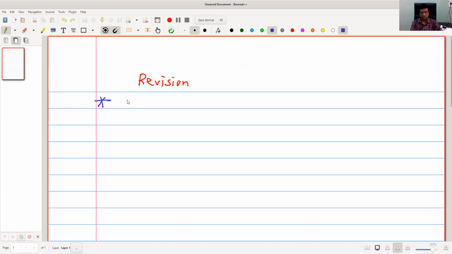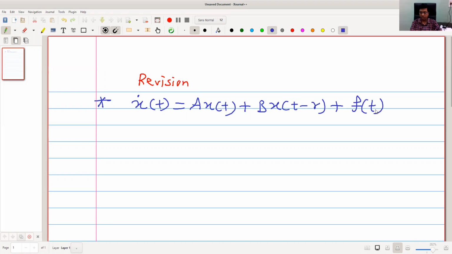First, we consider a linear non-homogeneous delay differential equation of the form x dot of t equal to a x of t plus b x of t minus r plus function f of t.